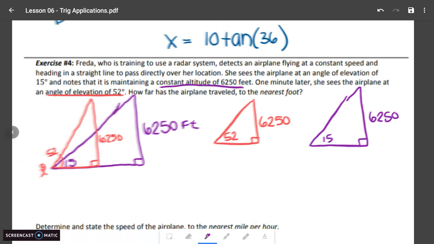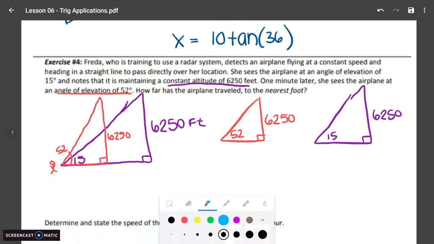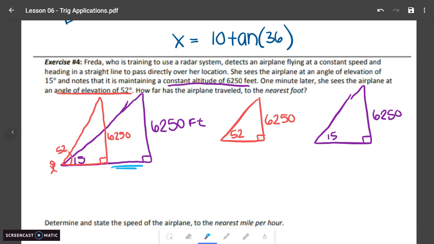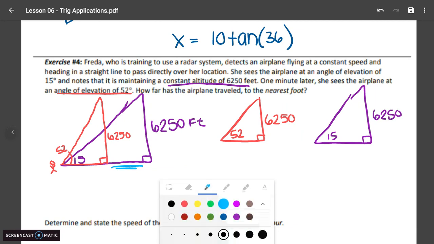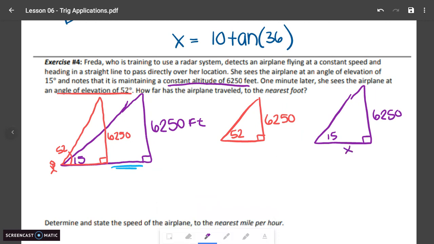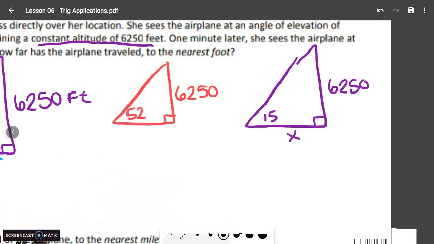So the thing we're looking for in this case is how far we've traveled. So we want this amount. So basically what I'm going to do is find the bottom pieces. So when I set this one up, we're looking at tangent yet again.